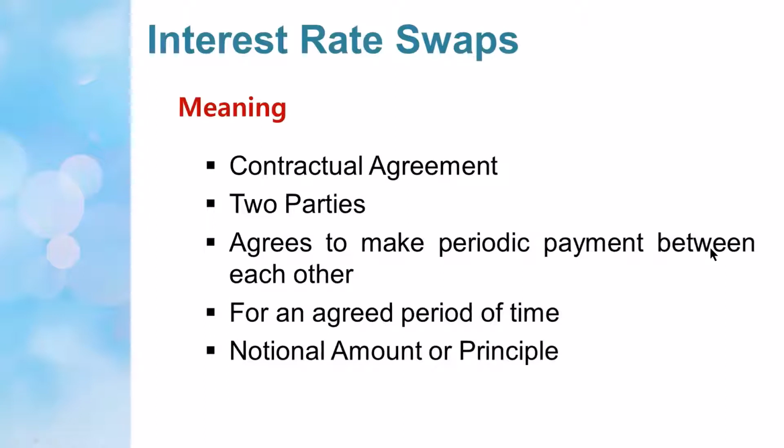In a nutshell, it's an agreement to exchange a fixed rate of interest and a floating rate of interest, because you might expect that in future the interest is going to come down or there should be an increase in the interest rate. So based on your expectation, you enter into a contract with another party who has an opposite expectation.